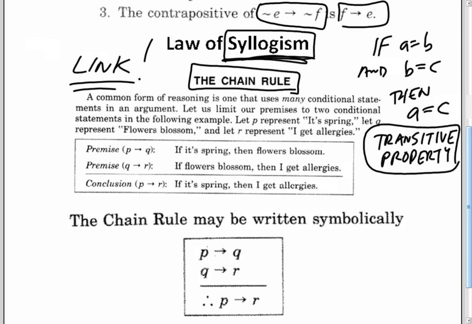When I did my analogy over here with the first row, who was the link? Nestor. Here, the link is B. Within this premise-conclusion setup, Q is flowers blossom. This is another good example of why this is an alternate universe.